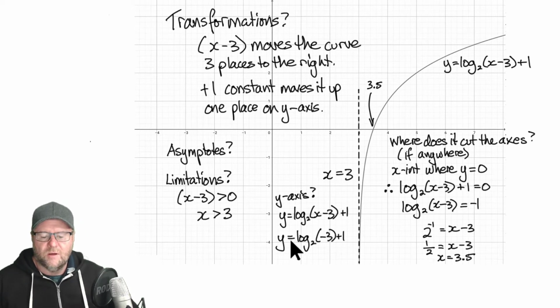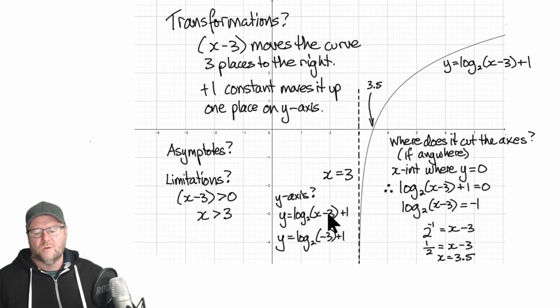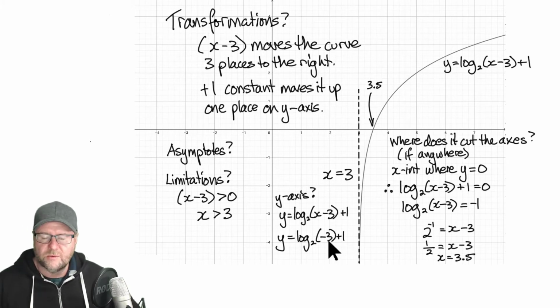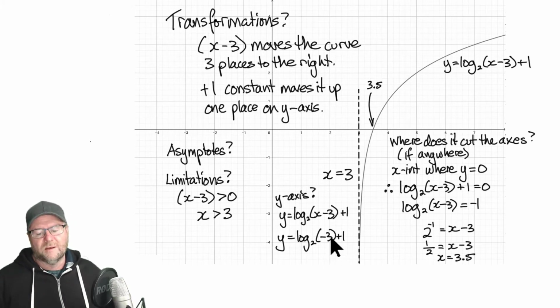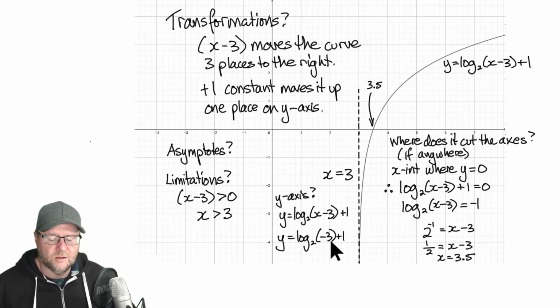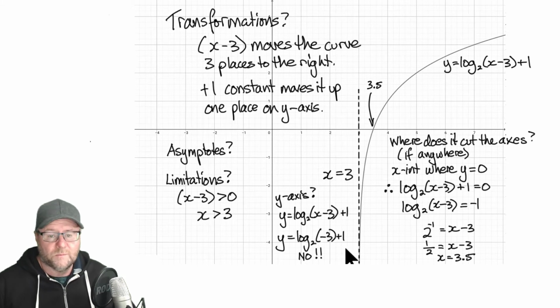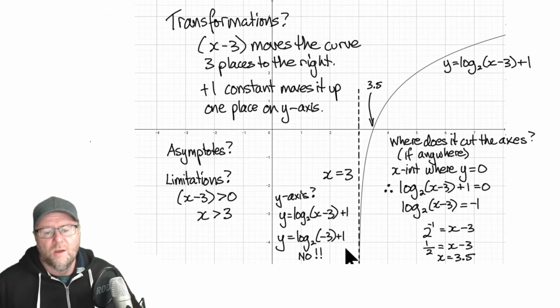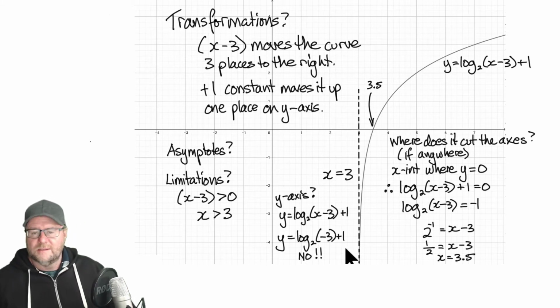So now I've got y equals log to the base 2 of 0 minus 3, which is -3. And here's where it all falls apart, because we've just said a number of times through this video, we cannot have a negative value in my log. So, nope, it won't work. There is no y-intercept.